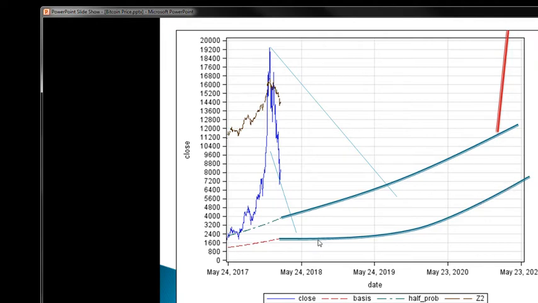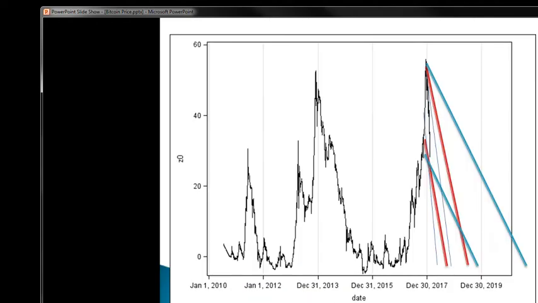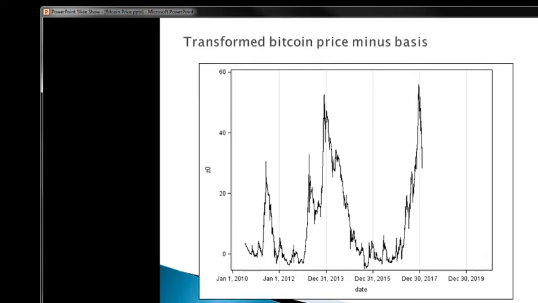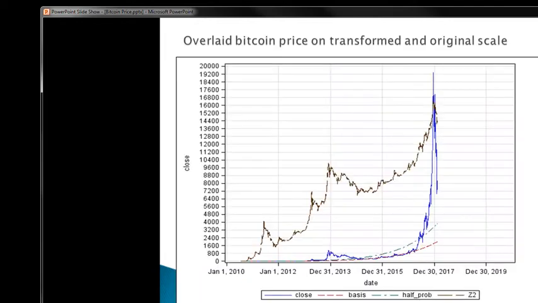for the last 8 years, like I talked about. We fit a linear line for the transformed price. So the basis is very linear for the past 8 years.